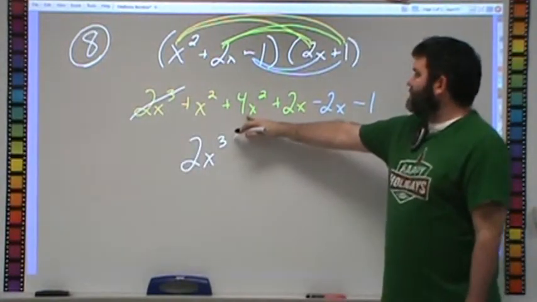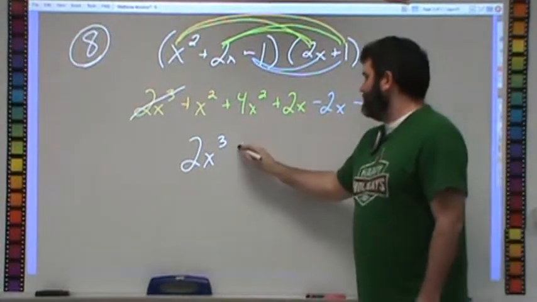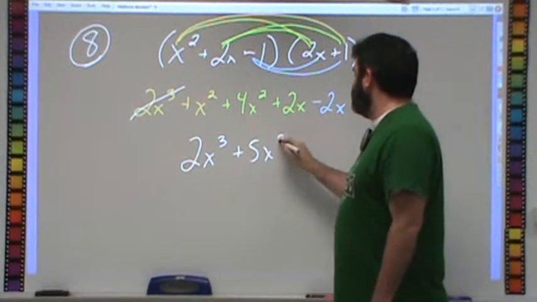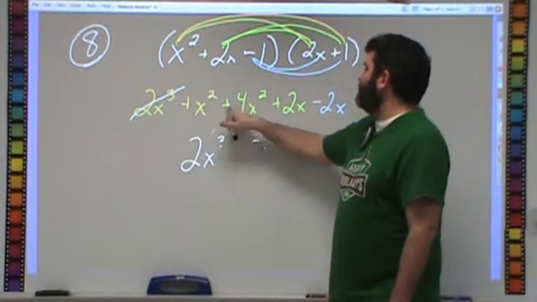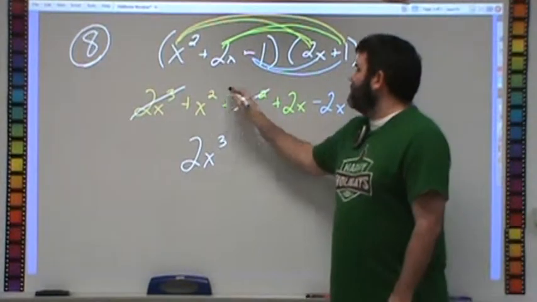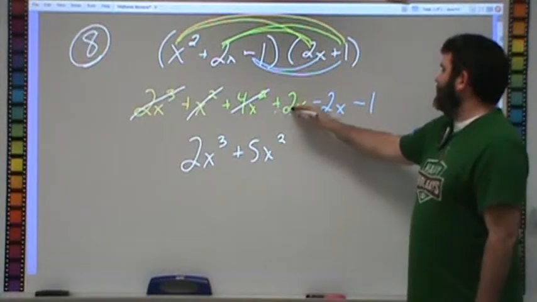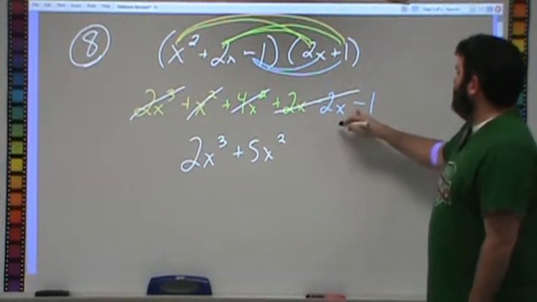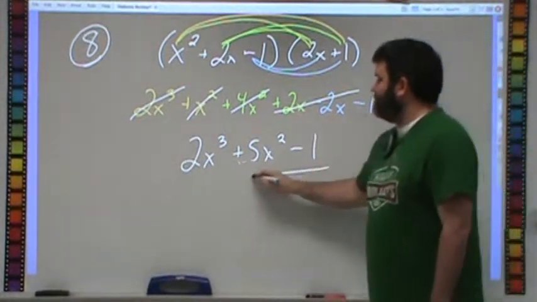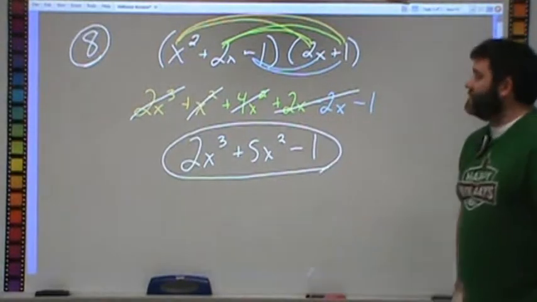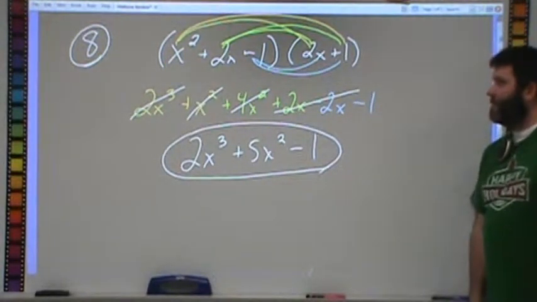X squared plus 4x squared is going to give me a 5x squared, because that's 1x squared plus 4x squared. Those are gone. 2x minus 2x, well, those cancel out. And all I'm left with is the minus 1.